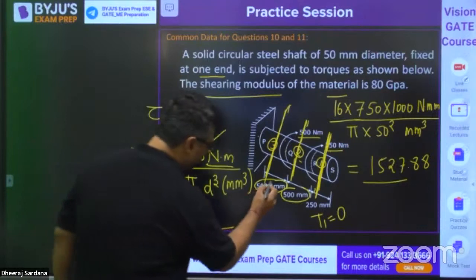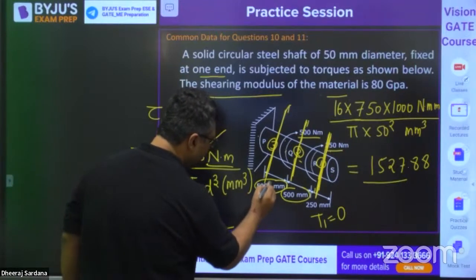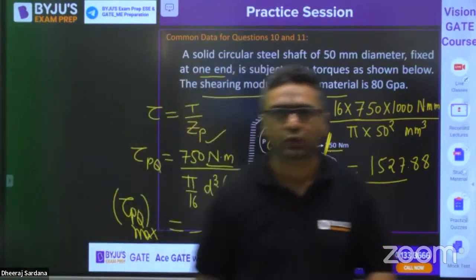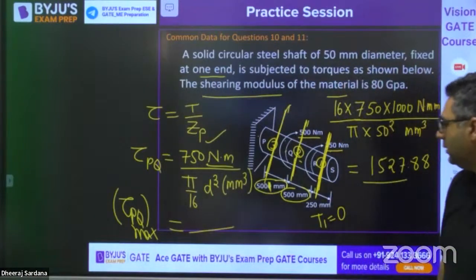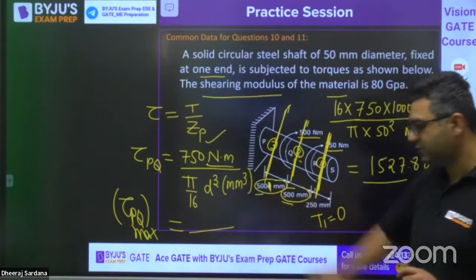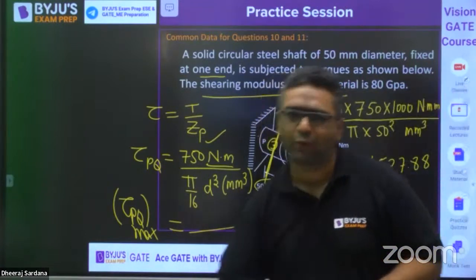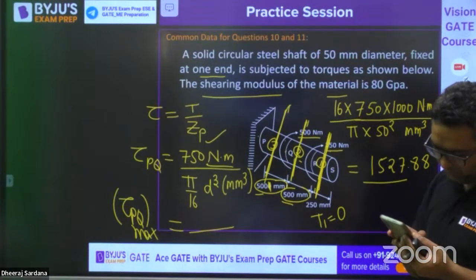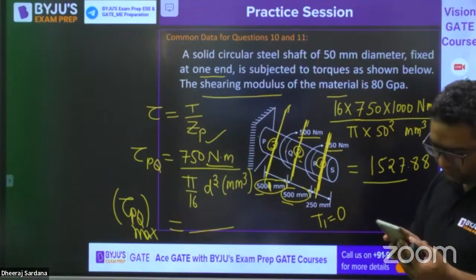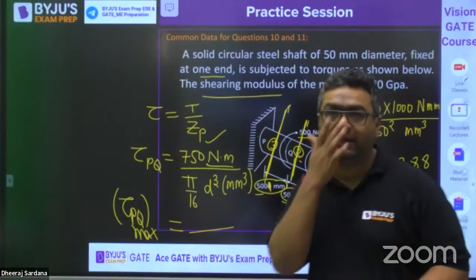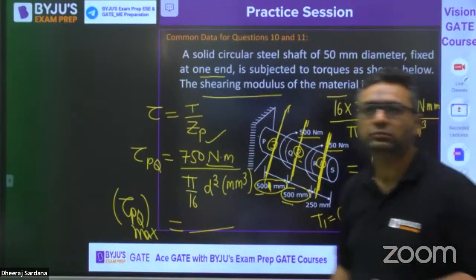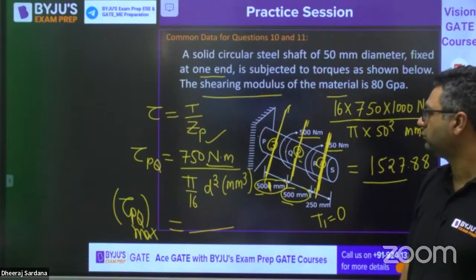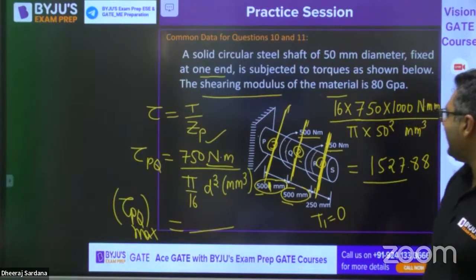This is 500 mm. That's what I was checking. It is 500 mm. So T1 L1, T2 L2 you need to do. This is 500 mm, 500 mm. I was having doubt how it can be 5000, so this is a misprint. So try to solve it, guys. We want the theta at the free end.